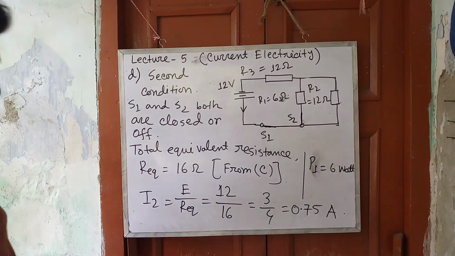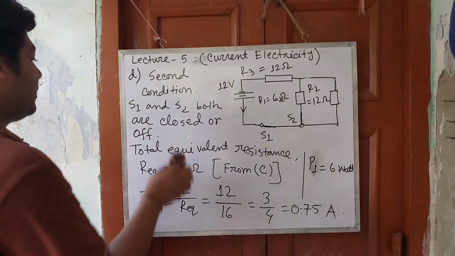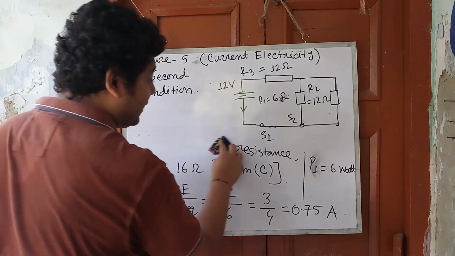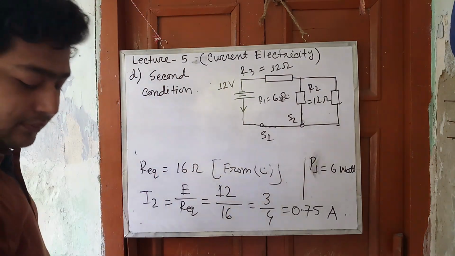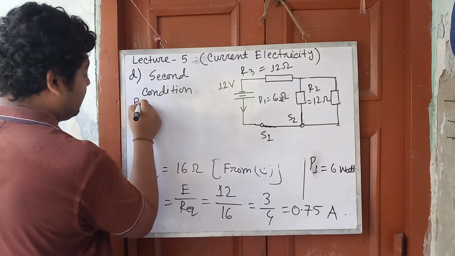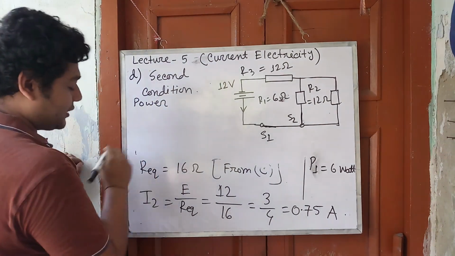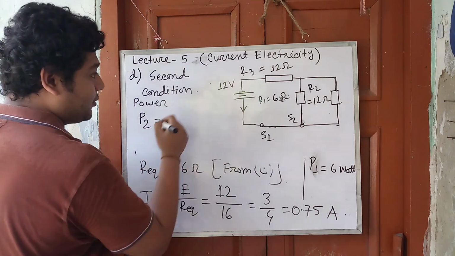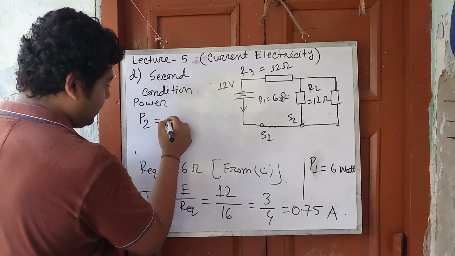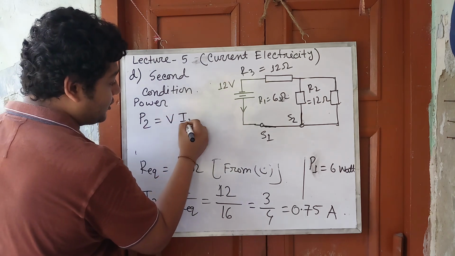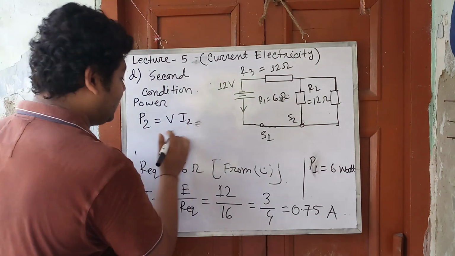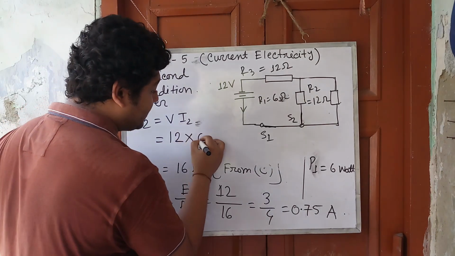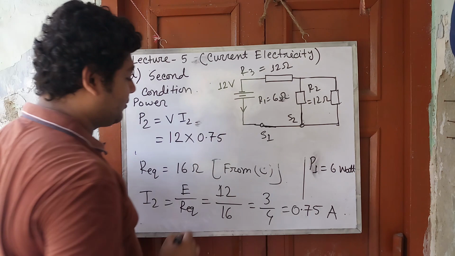Now the power for the second condition is P2 equal to VI2. Our V is 12 and I is 0.75.